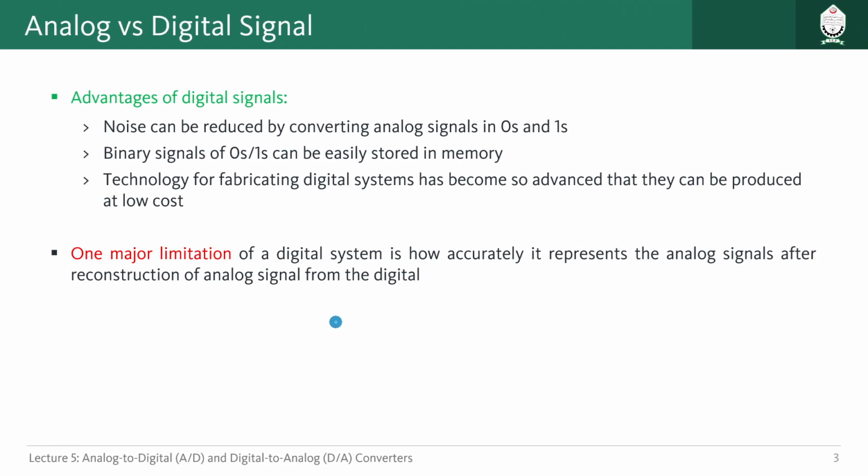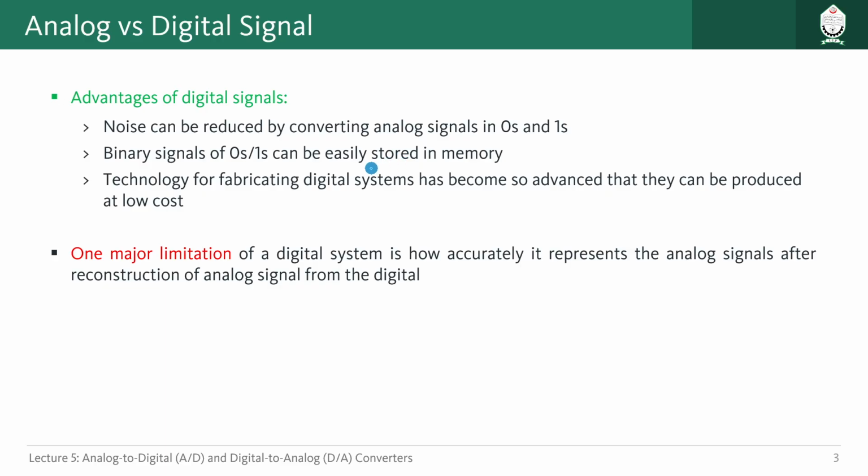Compared to that, digital systems are obviously much more efficient, because all of the signals can be converted into only 2 possible states, zeros and ones. So even if some noise is there, we know, like when we talked about logic levels, how the concept of logic level can eliminate the issue of noise. So even after getting some noise in our system, it can tolerate that, and we are going to get the signal we want in the digital domain, right?